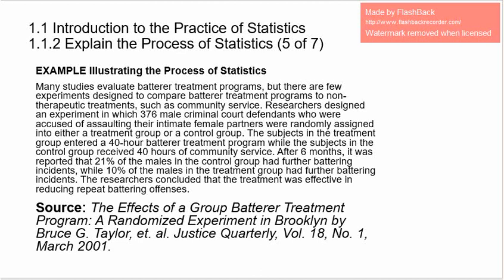The subjects in the treatment group entered a 40-hour batterer treatment program, while the subjects in the control group received 40 hours of community service. After 6 months, it was reported that 21% of the males in the control group had further battering incidents, while 10% of the males in the treatment group had further battering incidents. The researchers concluded that the treatment was effective in reducing repeat battering offenses.